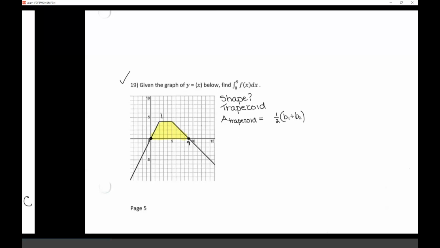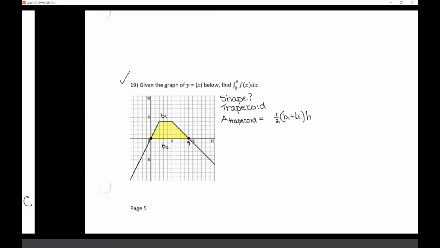So here's B1, here's B2, right? That's kind of the best I can do when I've got two different bases, all right? And then just multiply that by the height. All right, so it's the average of the bases times the height. Okay, it's not too hard to remember when you think of it that way. Think of it as a rectangle that got shrunk on one side.